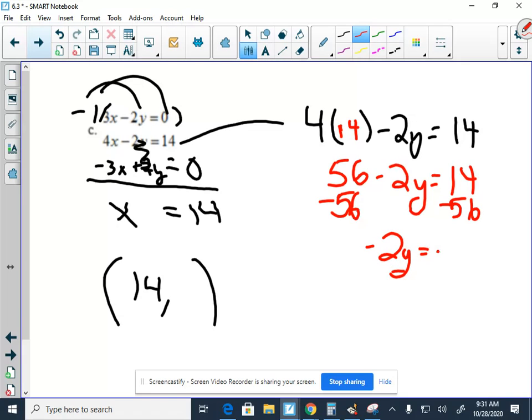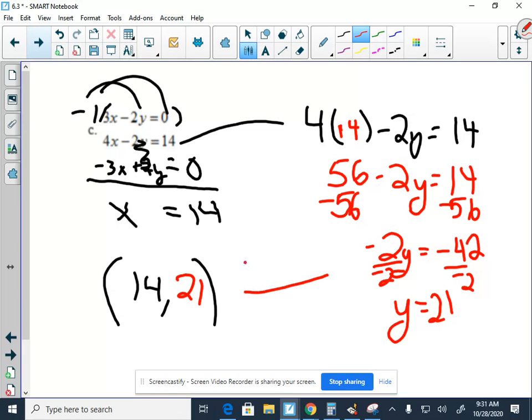Negative 2y equals negative 42. We had a negative 42 in the last problem, but this time we're dividing by negative 2. So y is 21. Good. So this one, if we graph the two lines, they would cross at 14, 21.